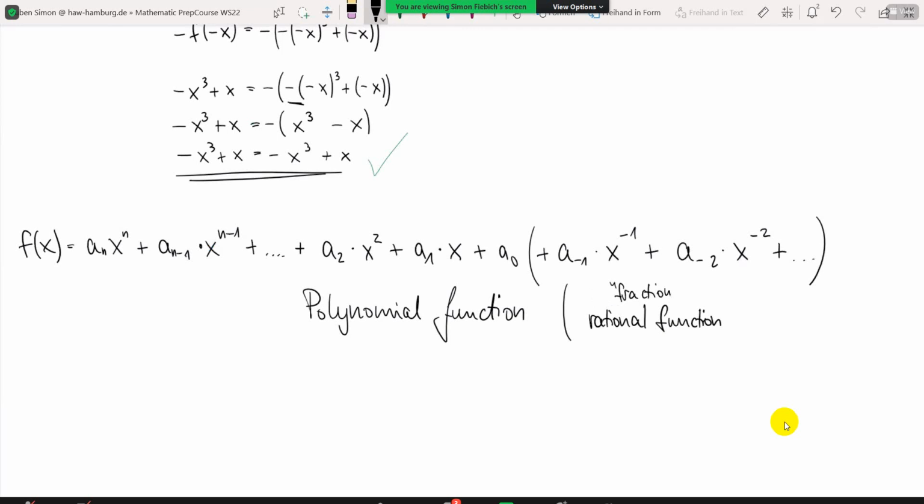Of course, that's because x to the power of -1 is the same as 1 divided by x, and then you would get it into the whole game, and that's why it's called gebrochen rationale Funktion. Beautiful German word.